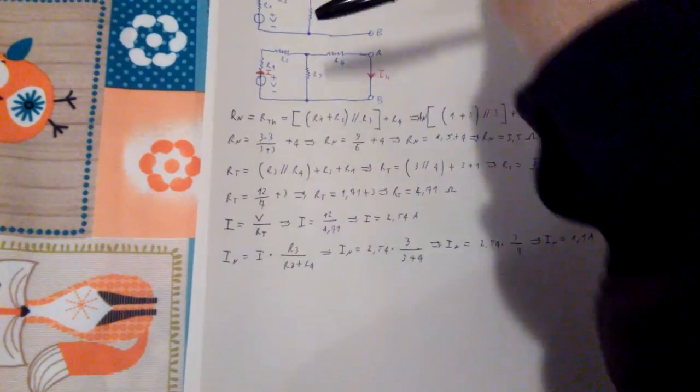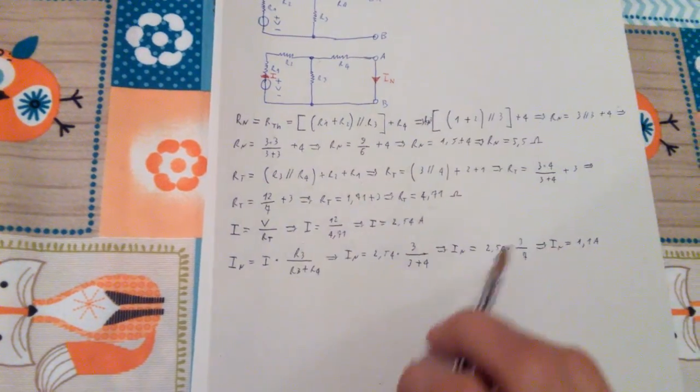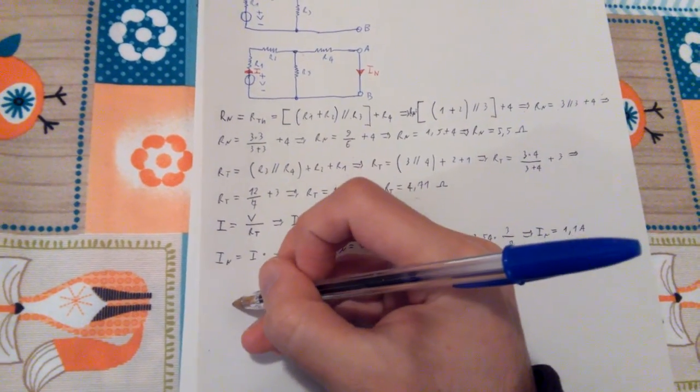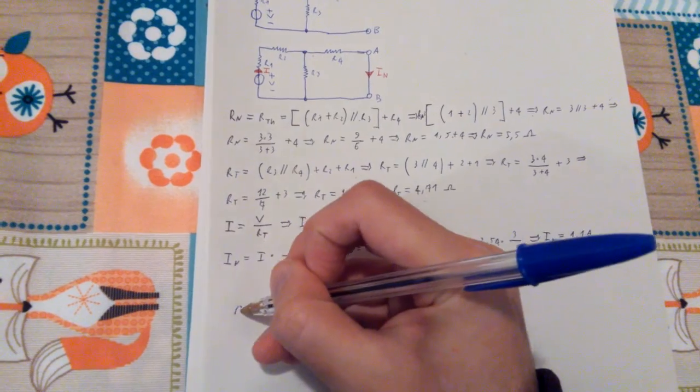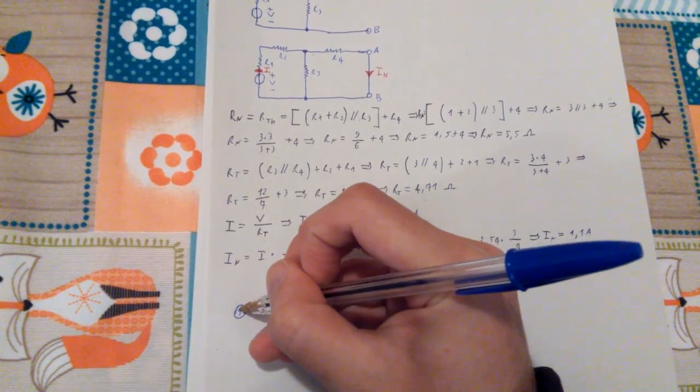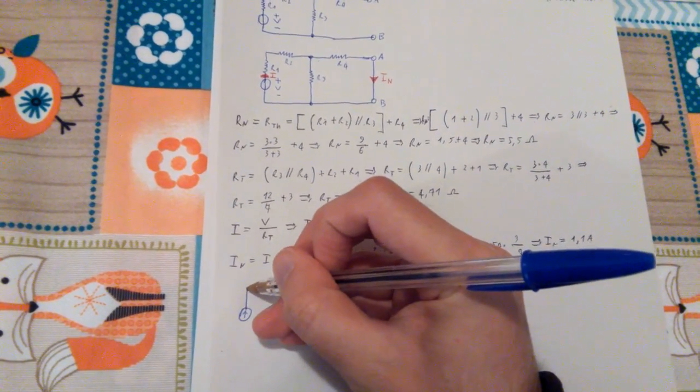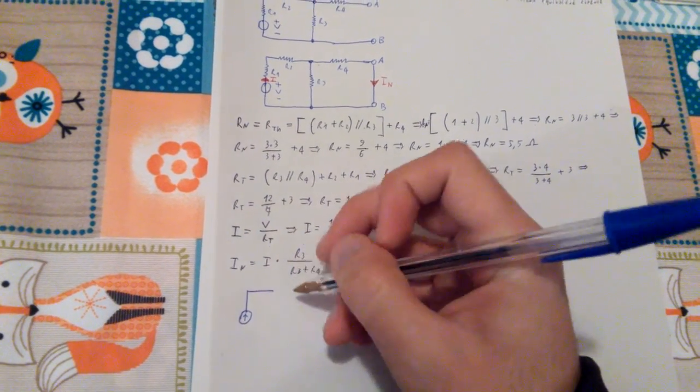I can just write the Norton equivalent circuit. So the Norton equivalent circuit is going to be given by this generator of current over here.